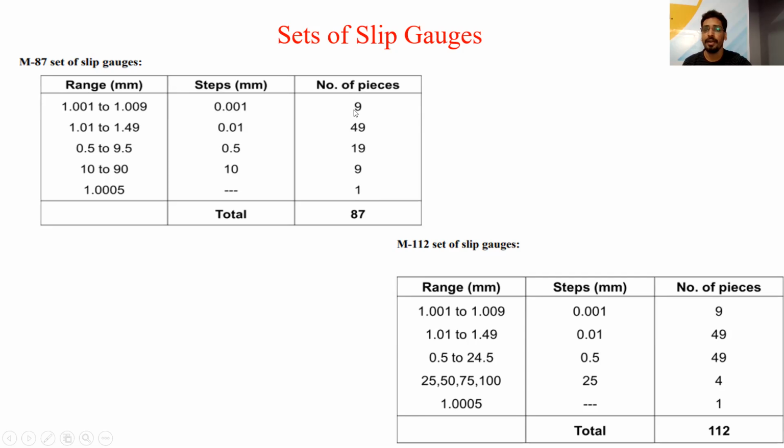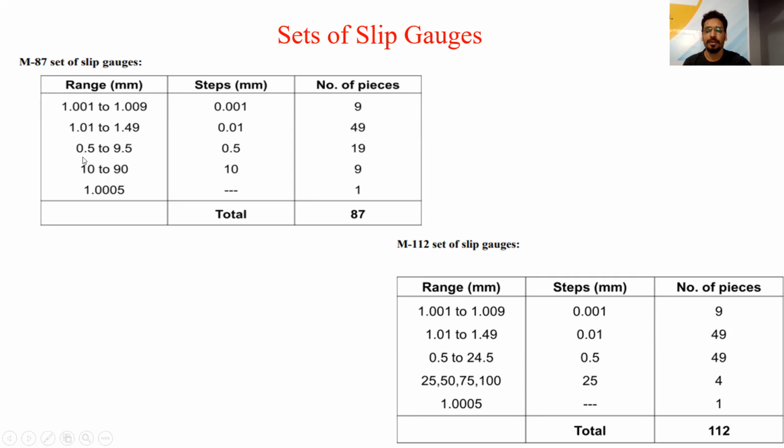So there are 9 slip gauges. Next, 1.01 to 1.49. For this the step is 0.01 and the number of pieces is 49. It means we start from 1.01 mm, then 1.02 mm, 1.03 mm, and up to 1.49.